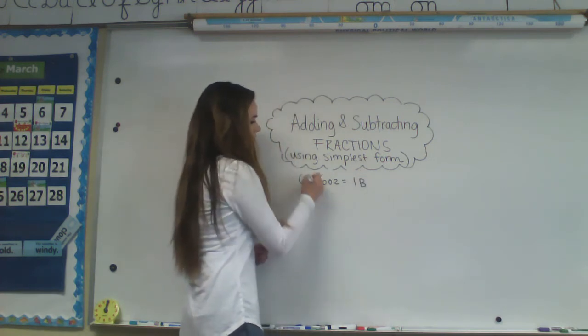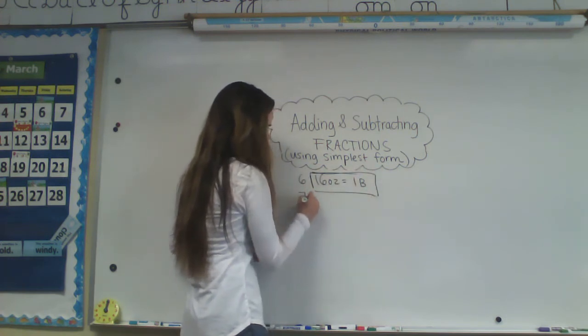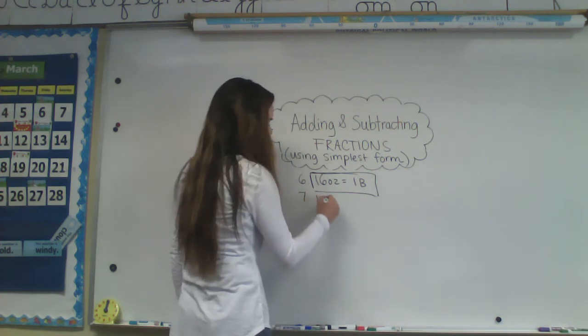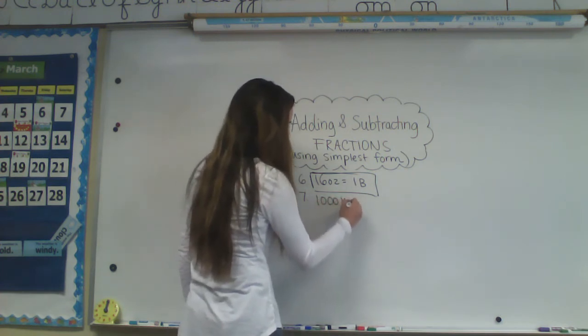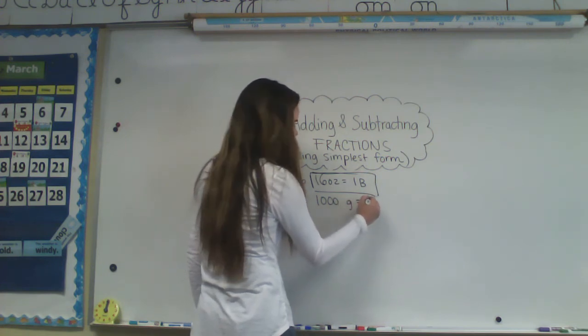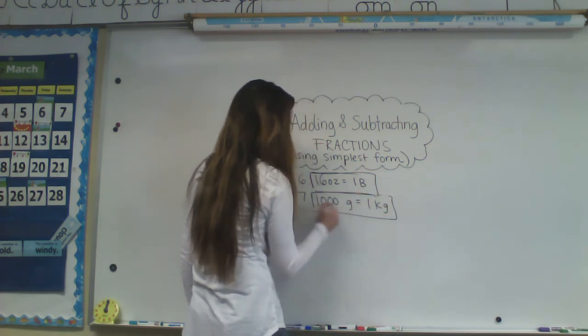And if you know that, you will be able to solve that word problem. On the next page, problem 7, you guys need to know that 1,000 grams equals 1 kilogram. And by using this conversion, you guys will be able to solve that problem.